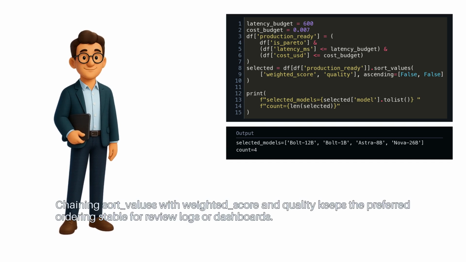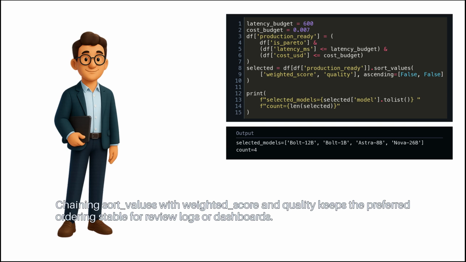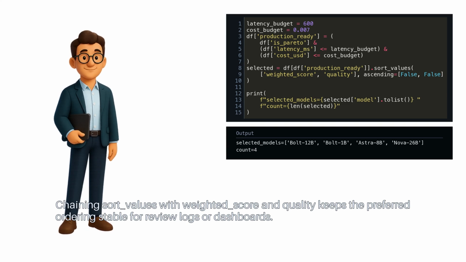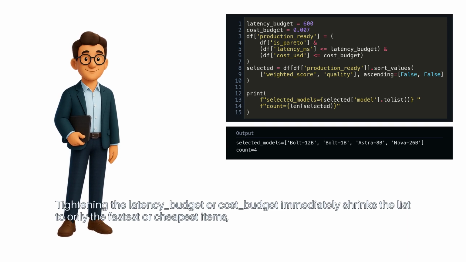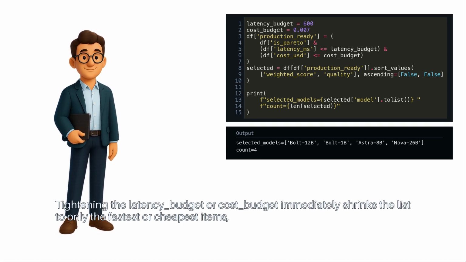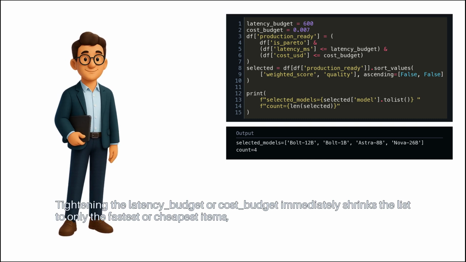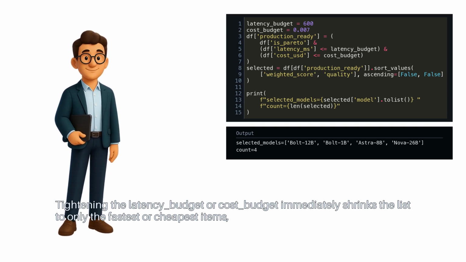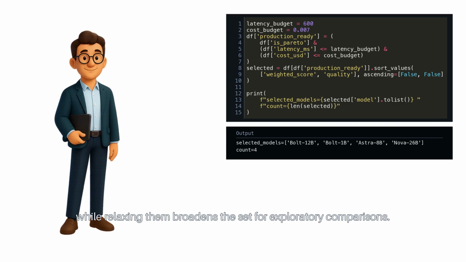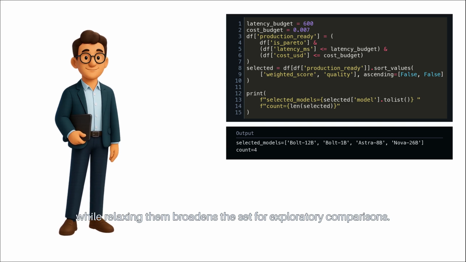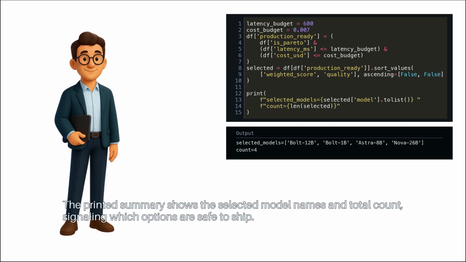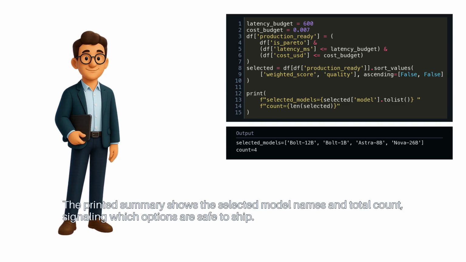Chaining sort_values with weighted score and quality keeps the preferred ordering stable for review logs or dashboards. Tightening the latency budget or cost budget immediately shrinks the list to only the fastest or cheapest items, while relaxing them broadens the set for exploratory comparisons. The printed summary shows the selected model names and total count, signaling which options are safe to ship.